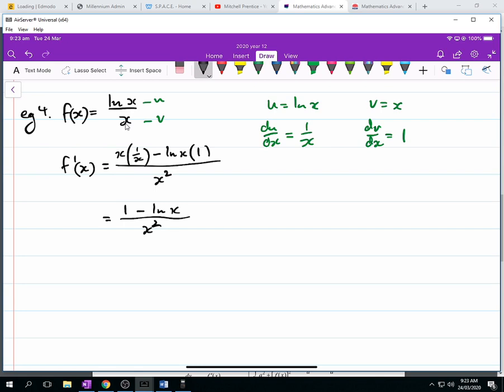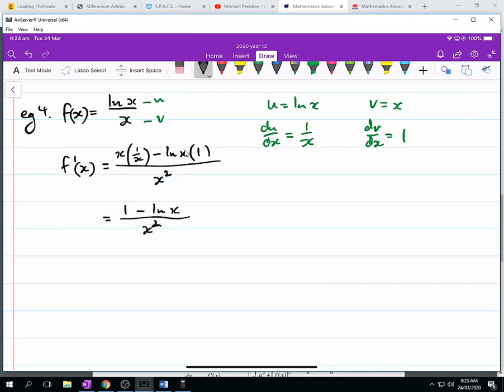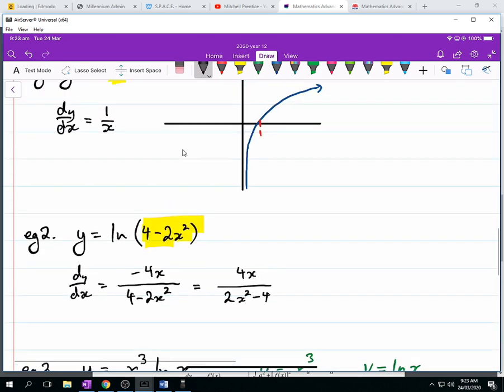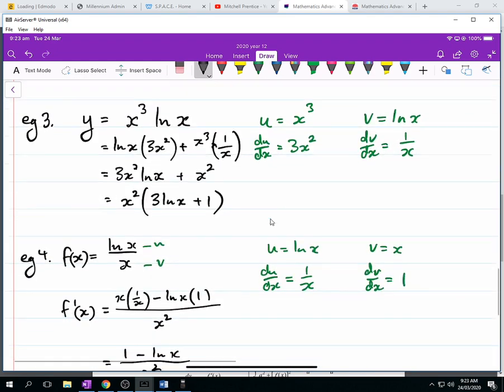The domain also doesn't include any value less than 0 because we can't input ln of anything less than 0. If I put ln of -1 on the calculator, it will just come up as a math error, because our graph is not defined for any value that's less than 0.